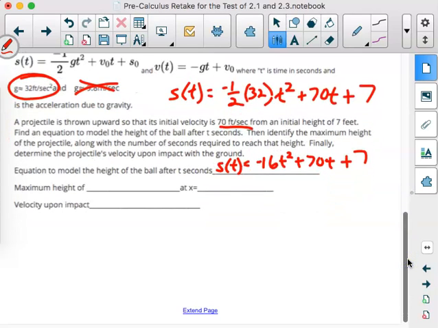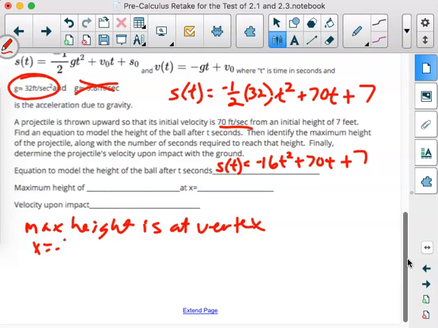And we realized, well, the next thing was what they want in the blank here. They want to know the maximum height of the projectile. Well, the maximum height is at the vertex. And that equation is in standard form. So we should use x equals -b over 2a to figure out what the x-coordinate of the vertex is.